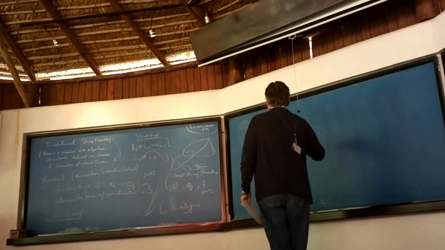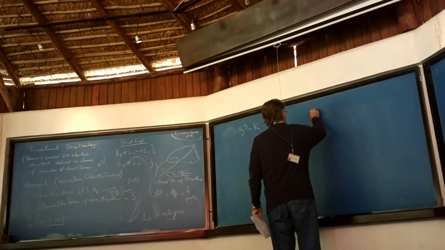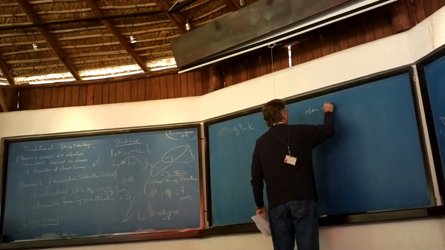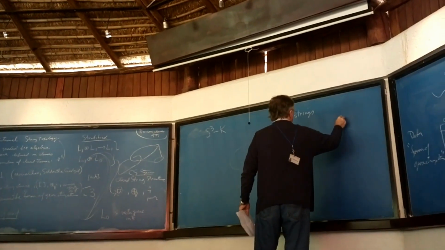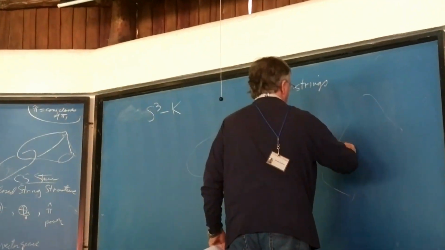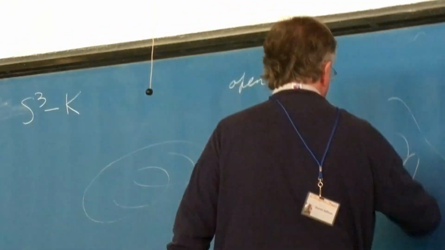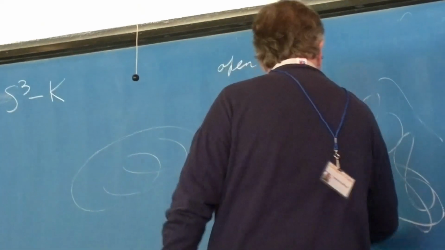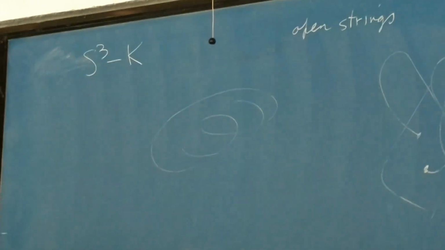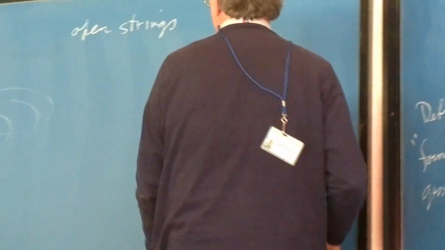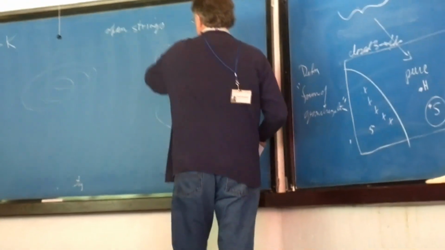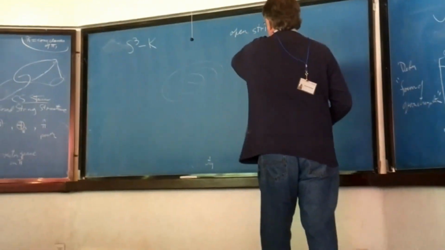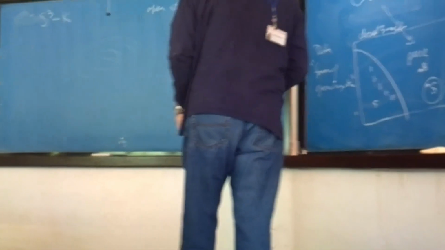Now, when you have a manifold and a submanifold, there's something you can do with open strings. This is the physicist's name, but what it really means is you have a manifold and a submanifold, and you consider curves in the ambient manifold that start and end on the submanifold. Those are open strings. And if you had different components, it would be like a category: the self-mappings and the mappings between different components, like a morphism category.